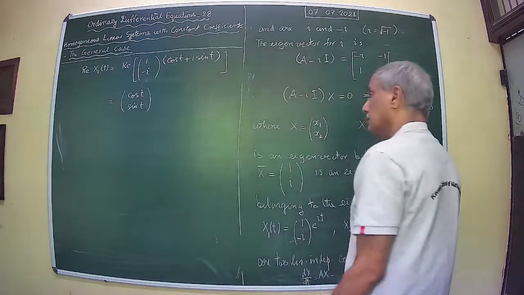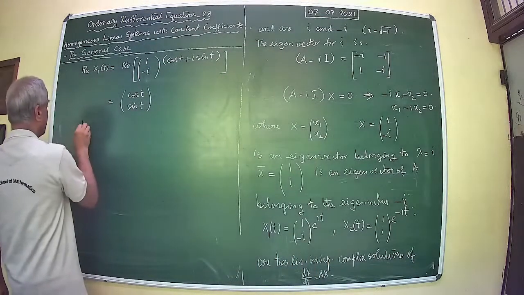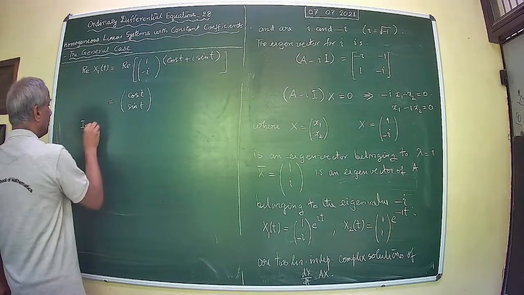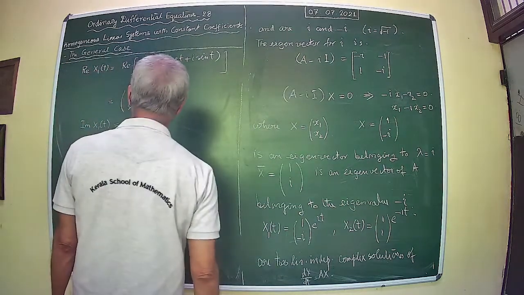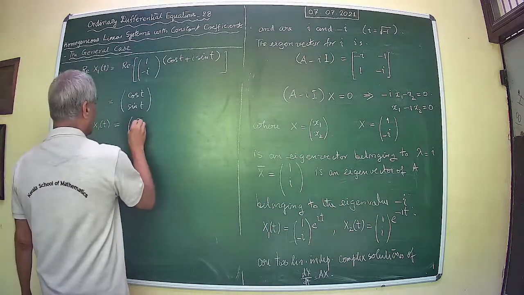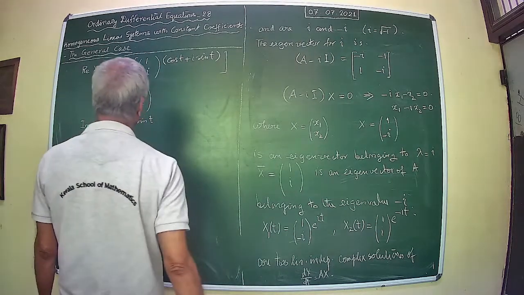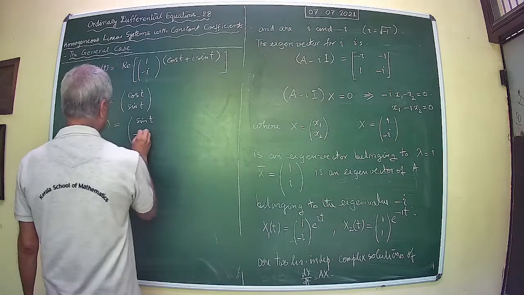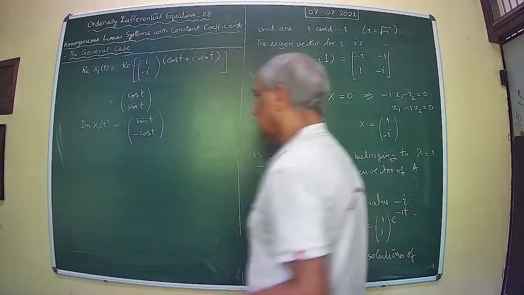And the imaginary part of this is equal to sin t, minus cos t.